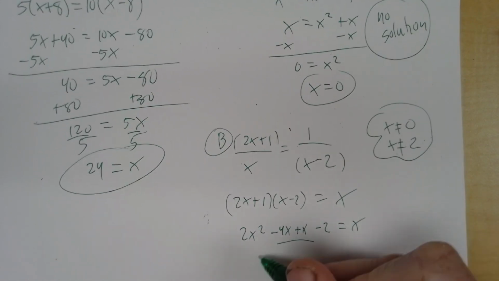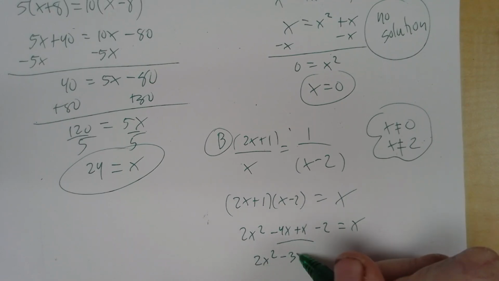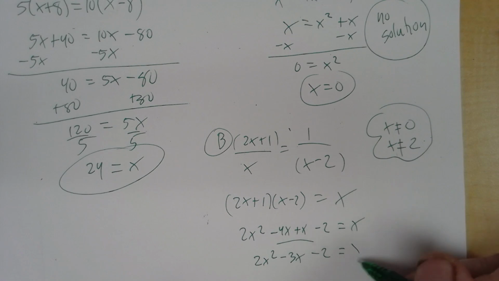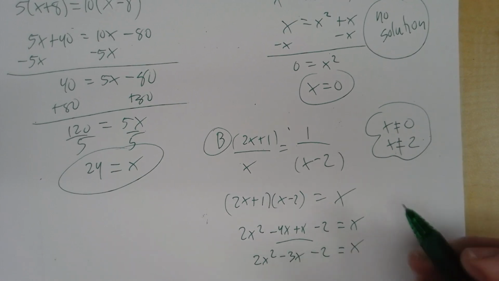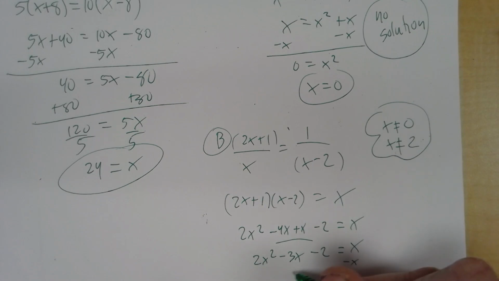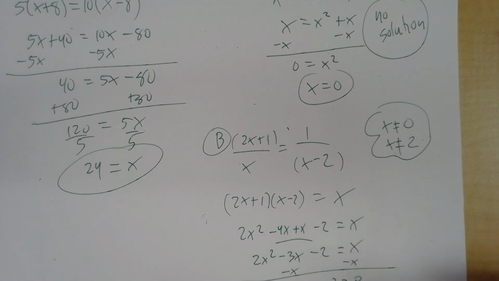Put our x's together: 2x squared minus 3x minus 2 is equal to x. Bring the x over, so we're going to subtract the x over so we can set it equal to 0. So we get 2x squared minus 4x minus 2 is equal to 0.